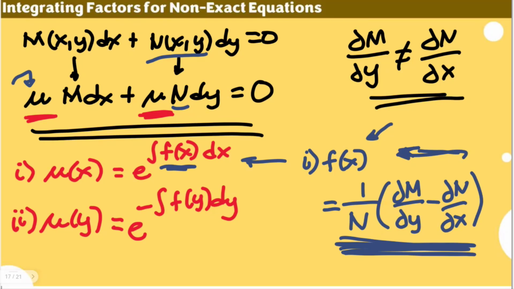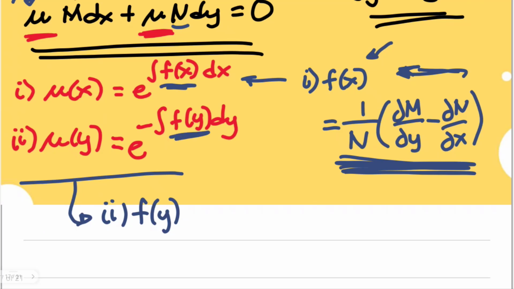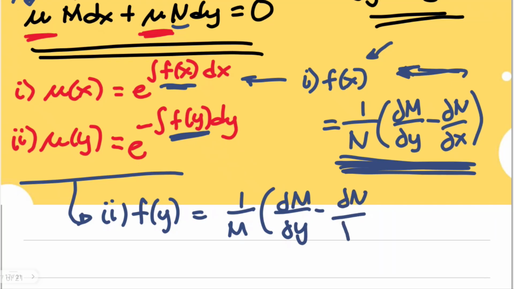Then our first integrating factor is not possible. Now, we can use the second form, where f of y, intended for the integral, is equal to 1 over M times the same item: the partial derivative with respect to x.